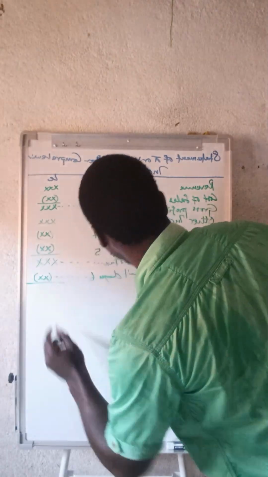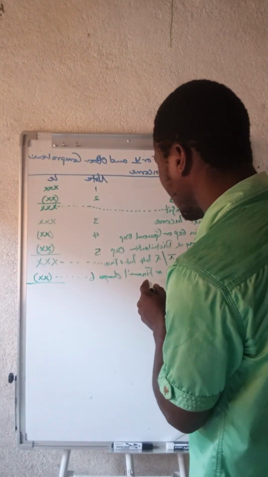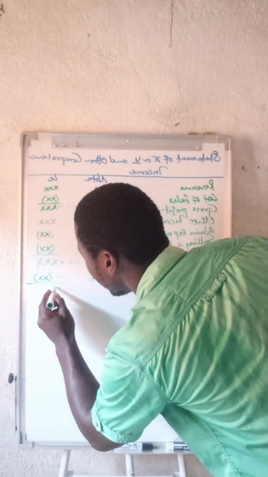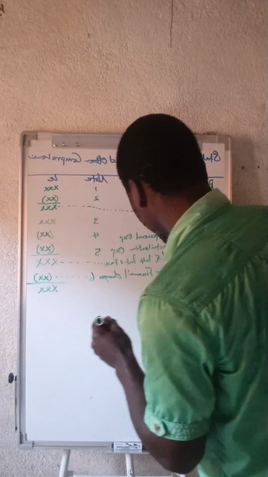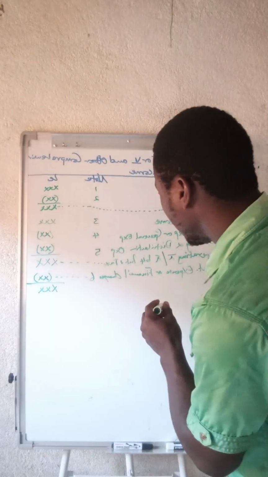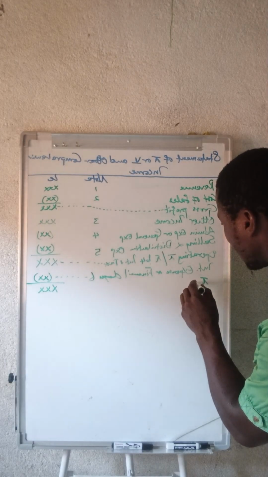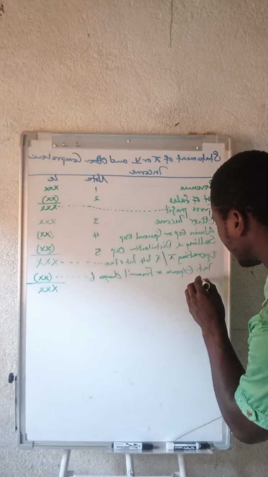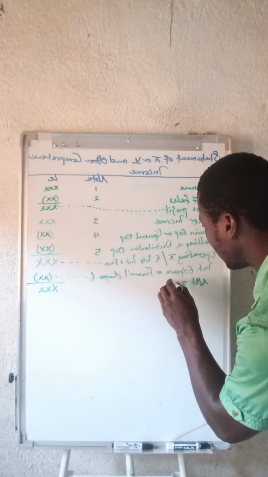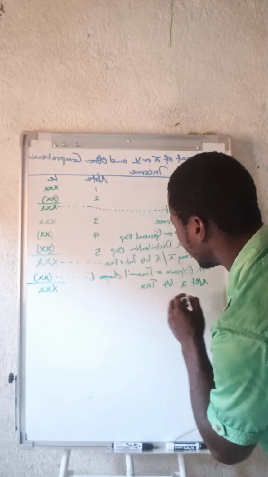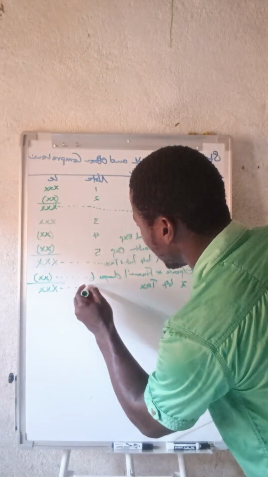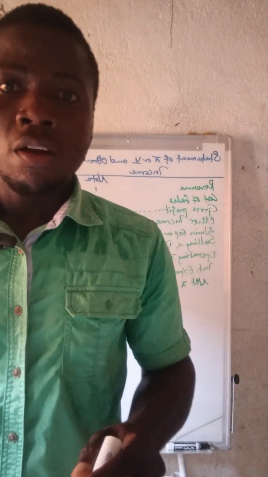Now, after deducting our interest expense or financial charges, we now have net profit before tax.